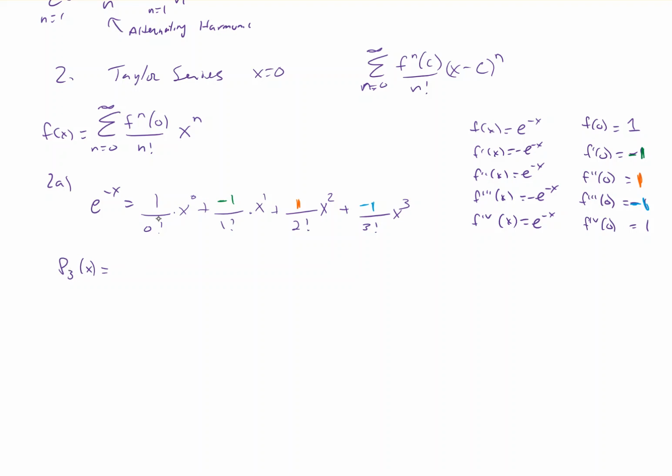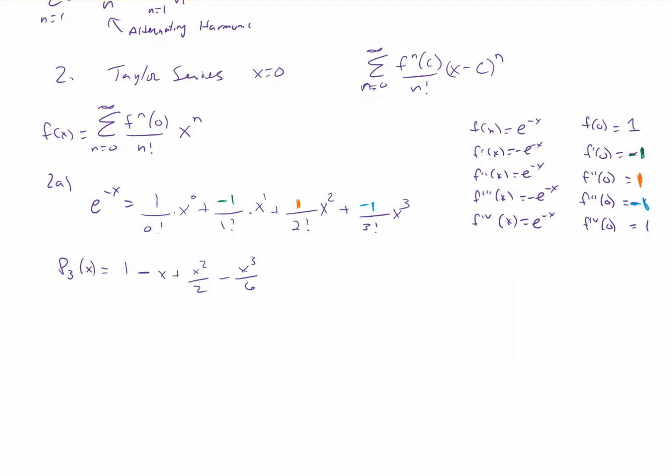So we can now simplify this. 1 over 1 times 1 minus 1 times x plus x squared over 2 minus x cubed over 6. Okay, that is all we would need to do to get the third degree polynomial.